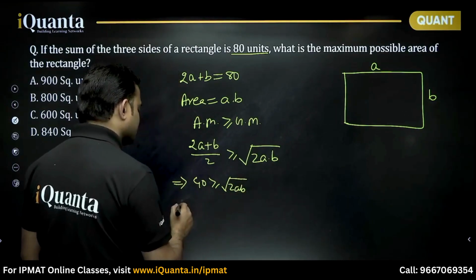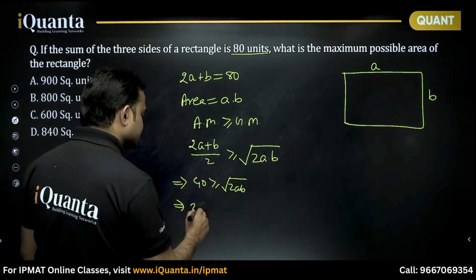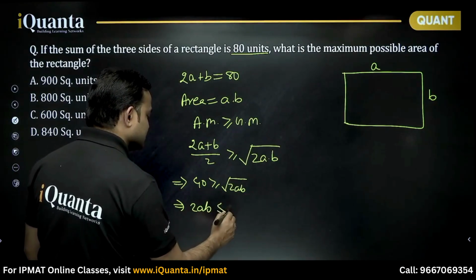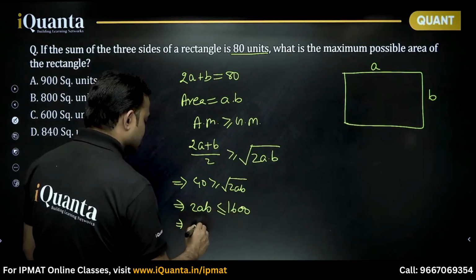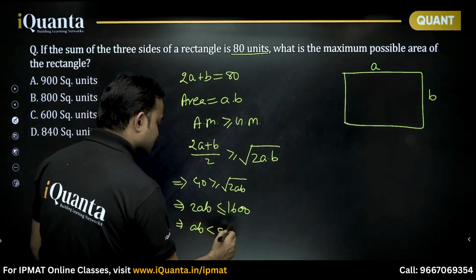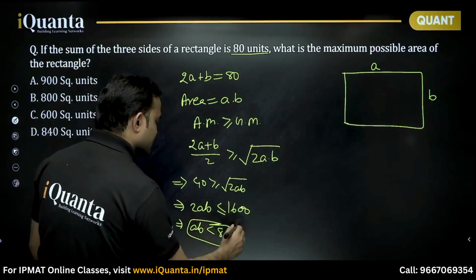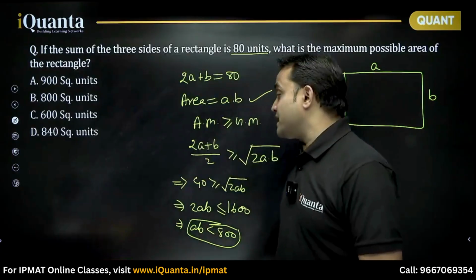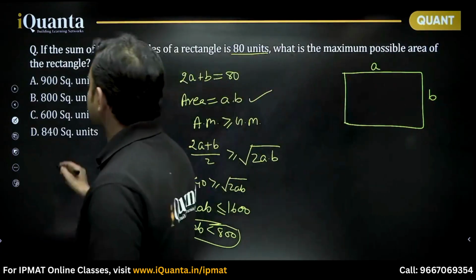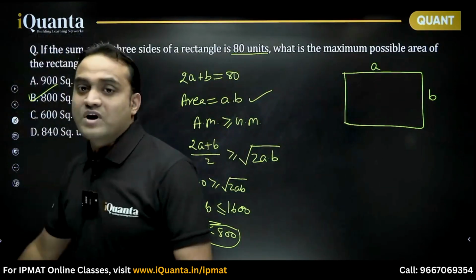Now if we take the square on both sides, we can say 2AB must be less than or equal to 1600, or we can say that AB must be less than or equal to 800. And what is AB? AB is nothing but the area we are looking for. So the maximum area of this rectangle must be option B, which is 800 square units.